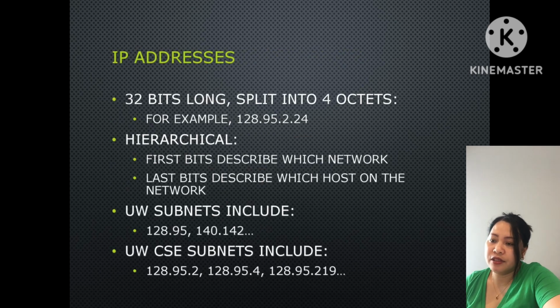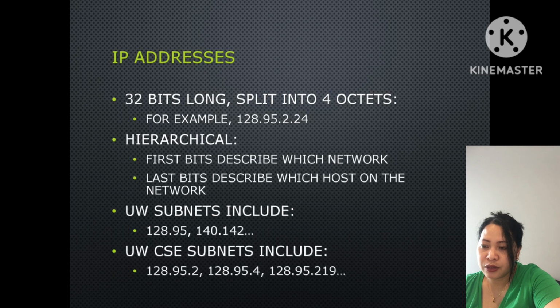An IP address is 32 bits long, split into 4 octets, for example 128.95.2.24. It is hierarchical: the first bytes describe which network, and the last bits describe which host on the network.